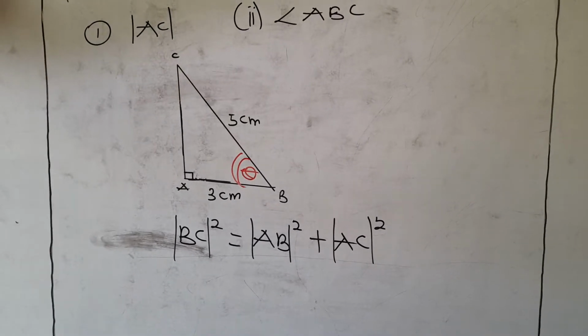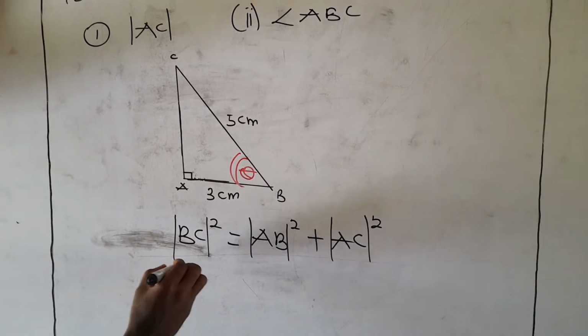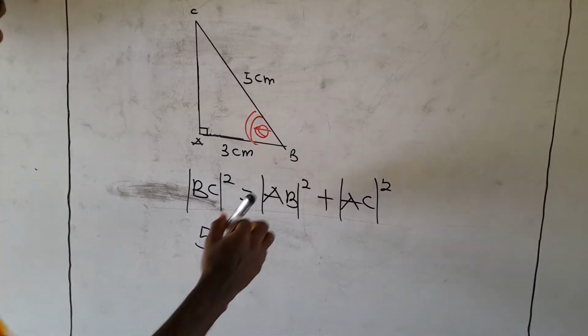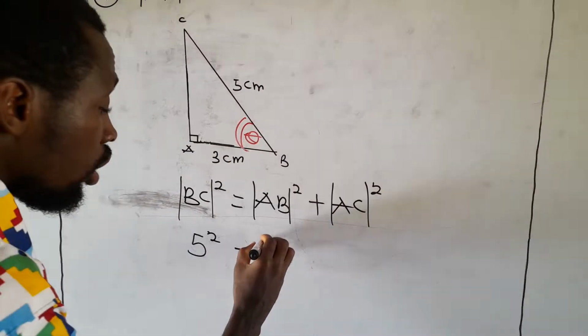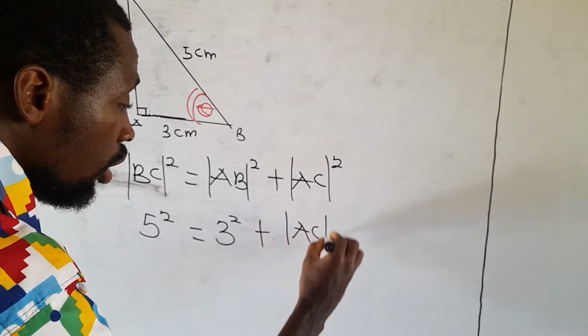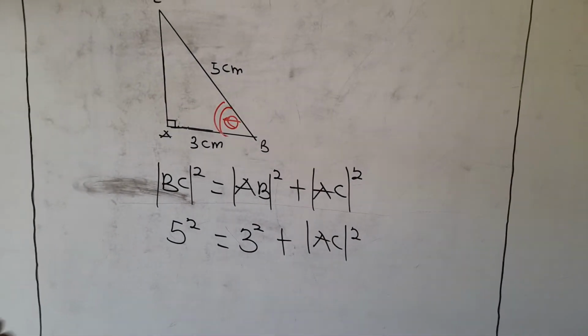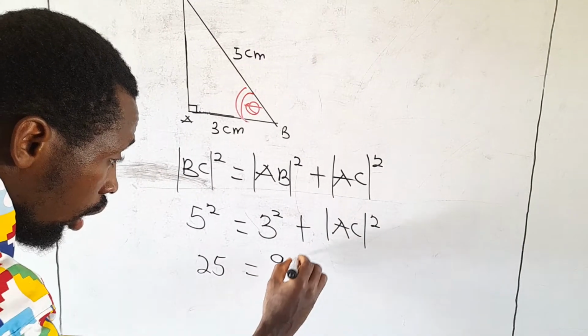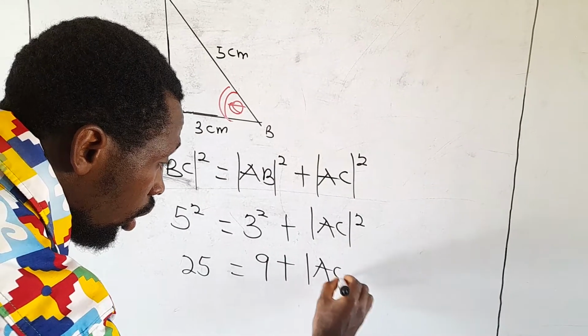Our BC is 5 centimeters, so 5 square is equal to 3 square plus AC square. So 25 equals 9 plus AC square.